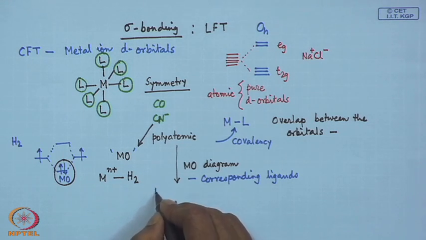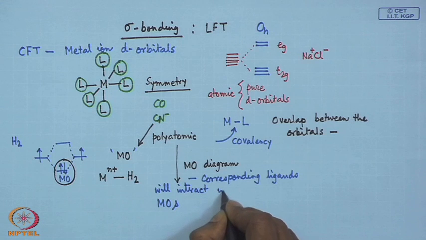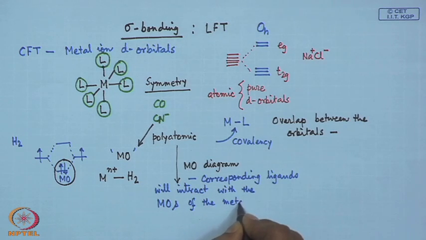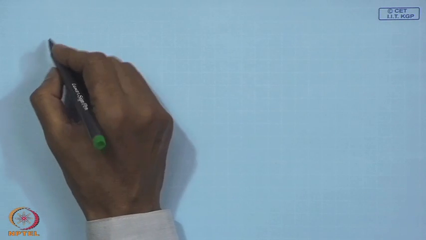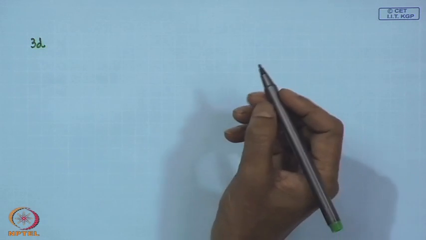So they will interact with the molecular orbitals of the metal ion. The metal ion should also provide some molecular orbitals instead of the typical atomic orbitals like the d orbitals. So we should now have the corresponding molecular orbitals from the metal side. While talking about the crystal field theory, we have the 3d orbitals.